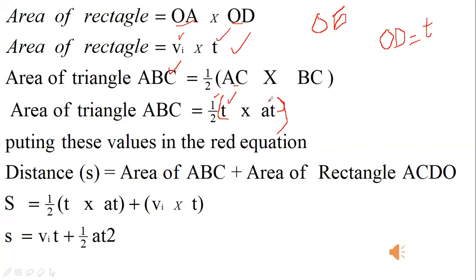And from the first equation of motion, BC is equal to AT. I encircle BC: the value of BC from the first equation of motion is equal to AT. So it should be written AT.